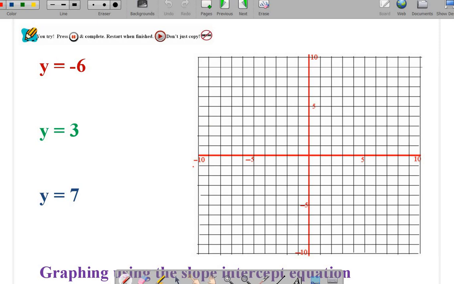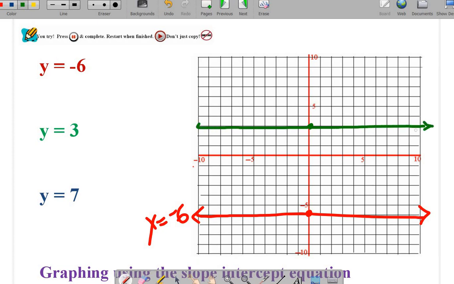The line y equals -6 is going to be right here at -6, and it is a line. Y equals 3 is right here. It's a horizontal line. It's all the points where y is 3 and y is 7.